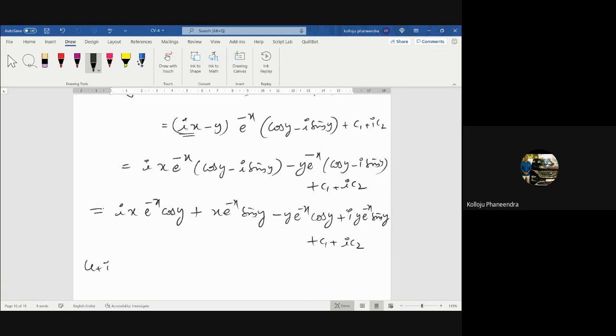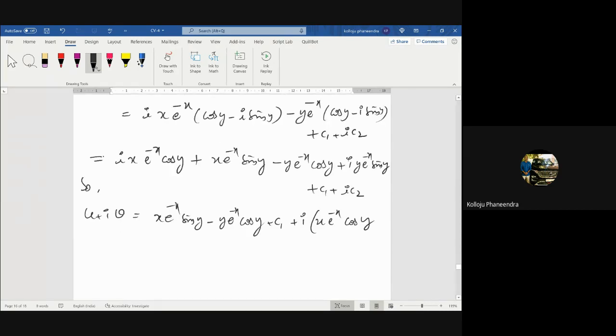So u plus iv is equal to, first writing real parts: x into e power minus x sin y minus y into e power minus x cosine y plus c1, plus i into x into e power minus x cosine y plus y into e power minus x sin y plus c2.